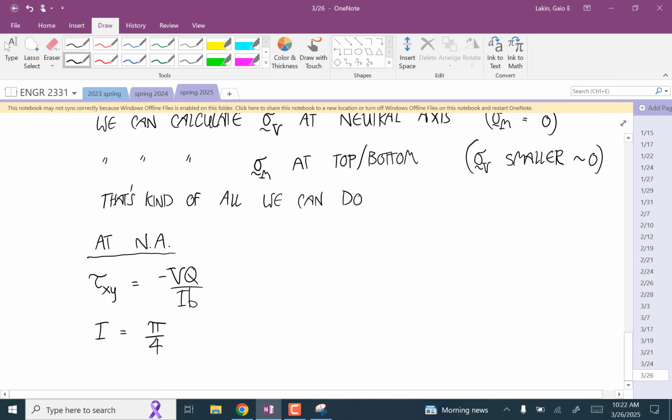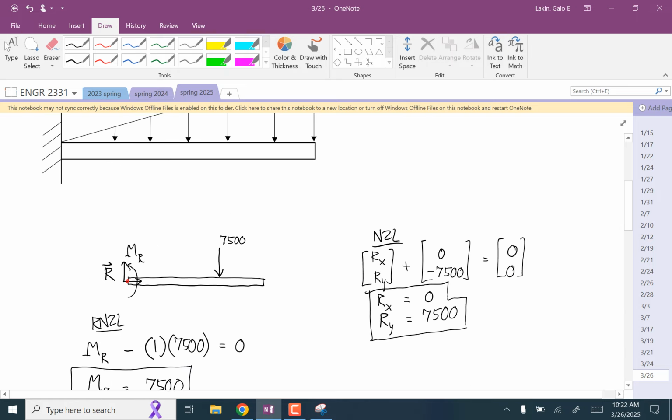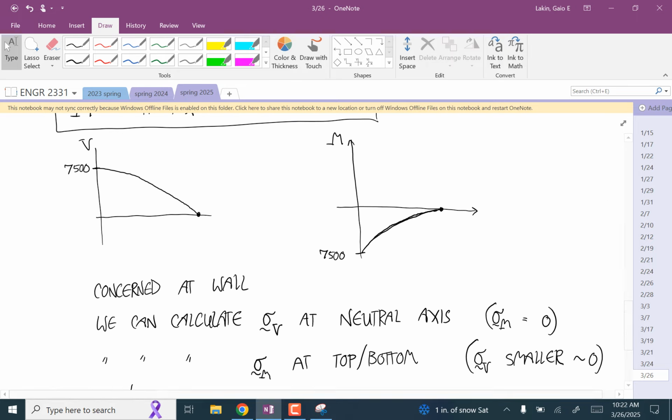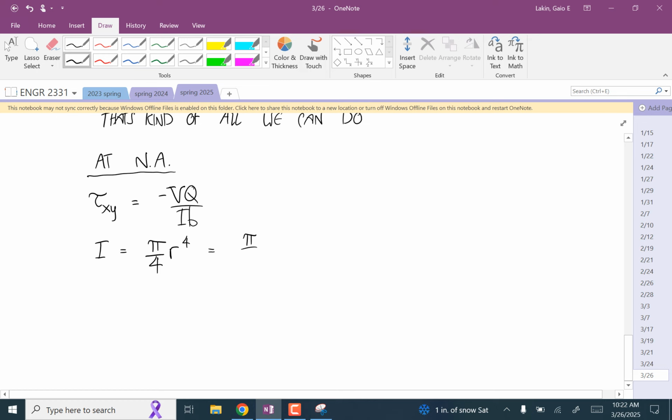Pi over 4 times r to the 4th. And that radius is 0.02. And that is 1.257 times 10 to the minus 7 meters to the 4th.